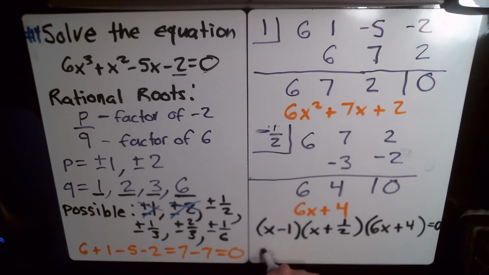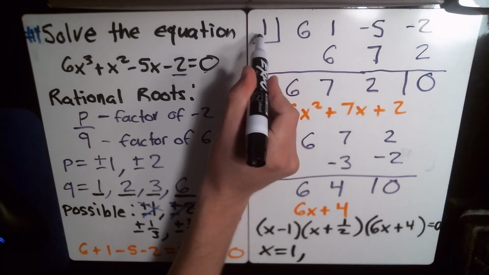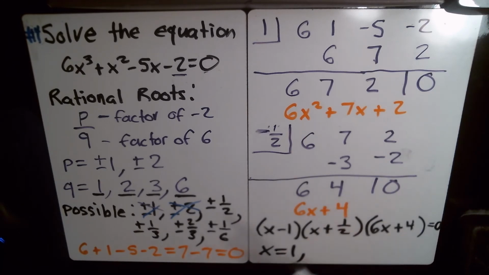And so now I know exactly what my answers are. I set each individual piece equal to 0, so it's 1, which is actually the same as that number, which makes sense because when you plugged in 1, it did work, right? 1, negative 1/2. And then for this last one, we want to figure out where that last one is equal to 0.